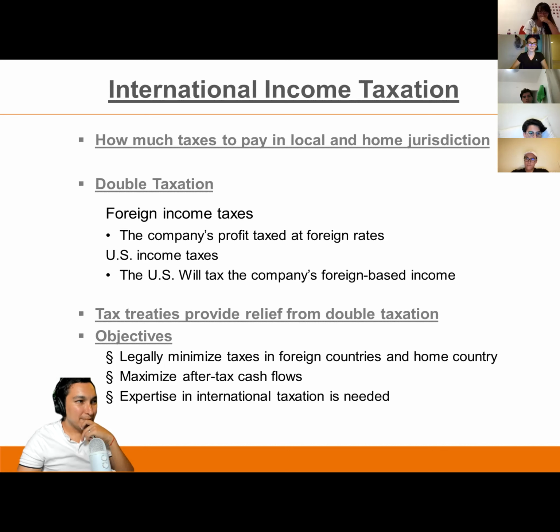Yeah, consider the prices that you're going to sell your product or your service at, considering the taxes of that other country, so that you don't have negative consequences out of that.